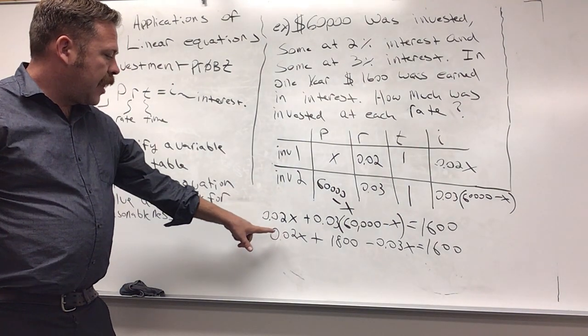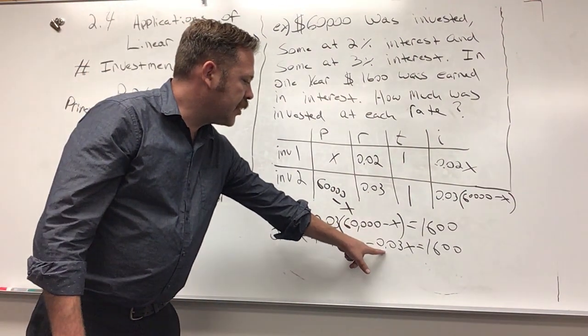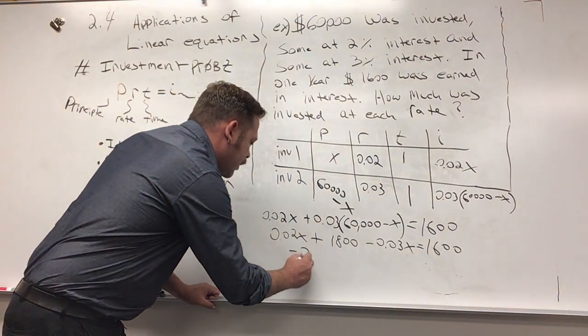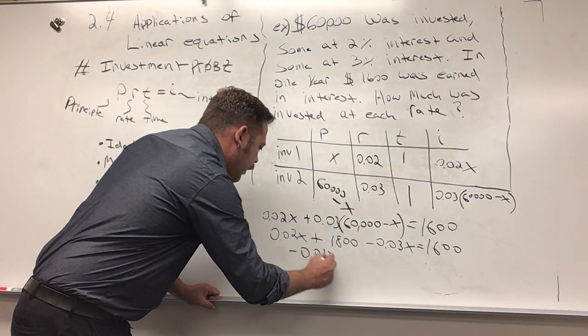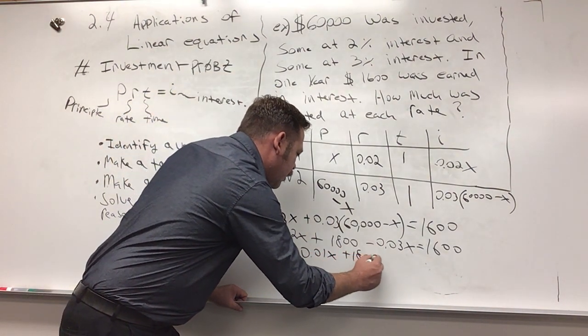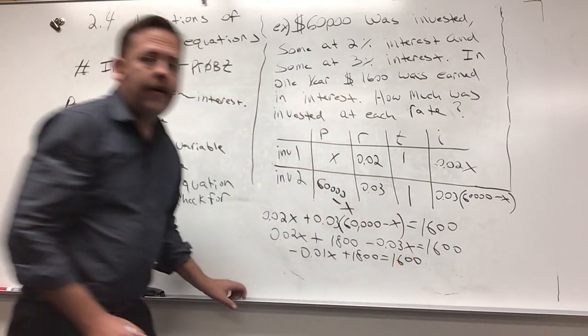Next in my steps is to combine like terms. So I'm going to combine the 0.02x and the negative 0.03x, and I get negative 0.01x plus 1,800 equals 1,600.